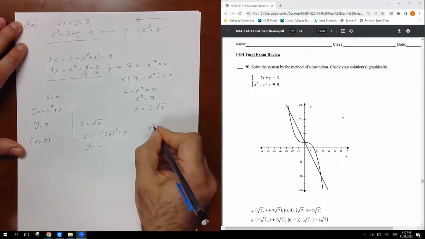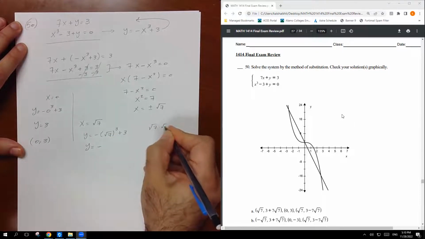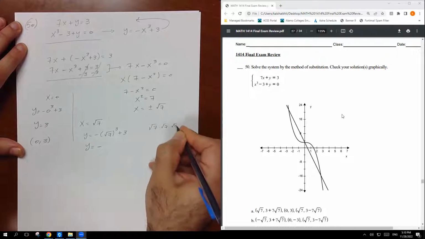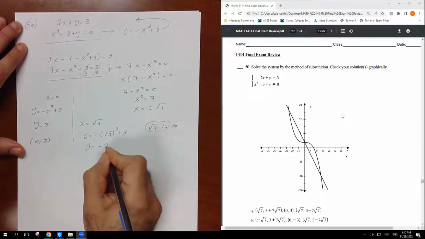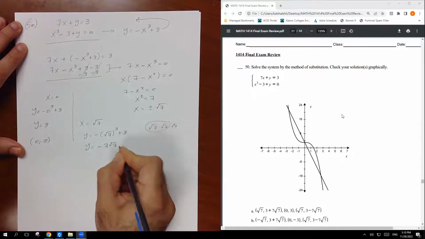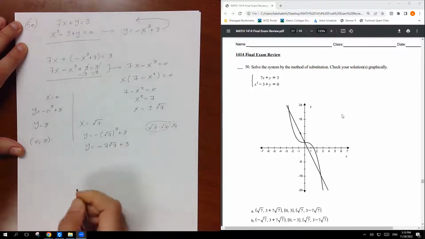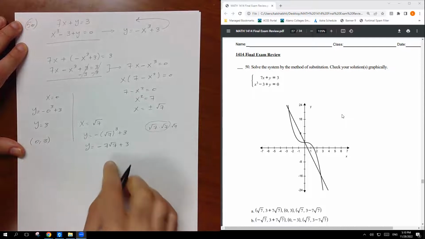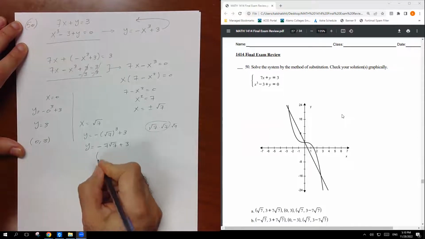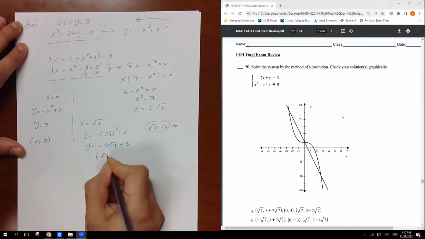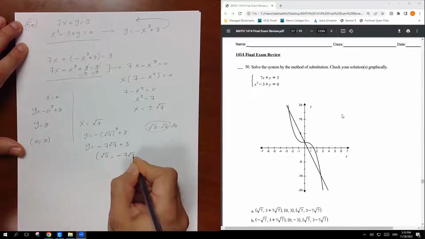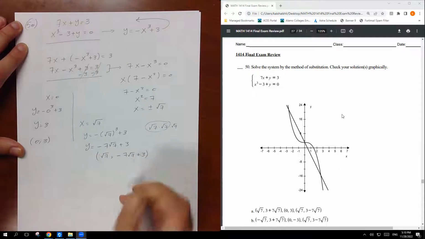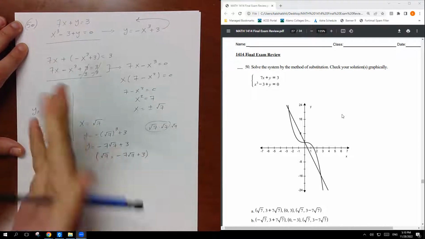If you multiply square root times square root times square root, square root times square root is going to be 7. So it's going to be negative 7 square root of 7 plus 3. That means we're going to get another point, which is x equals square root of 7 and y equals negative 7 square root of 7 plus 3. Here is the second solution for the system.